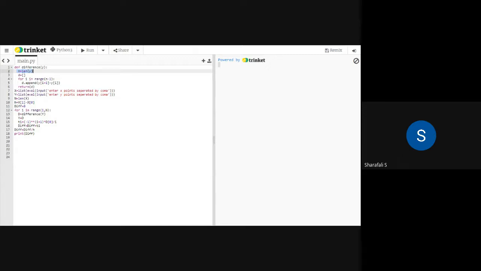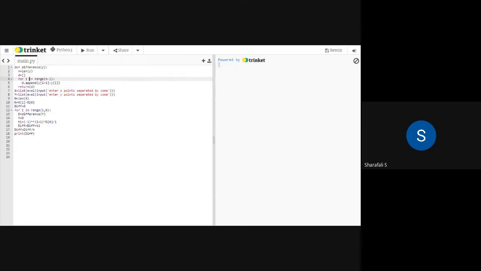The length of this y is taken directly in that function. The values have 5 values, so up to 4. So we have to vary the I value.